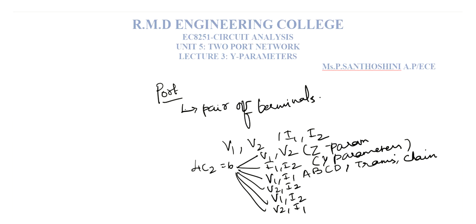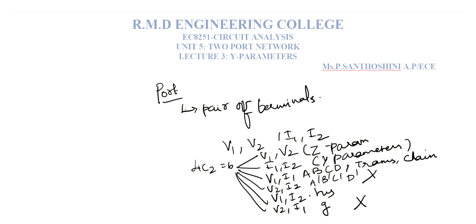V1 comma I1 and V2 comma I2 is the reverse, so it is called A dash, B dash, C dash and D dash. Finally V1 comma I2 is hybrid and V2 comma I1 is inverse hybrid, the g parameters. The A dash, B dash, C dash, D dash and g parameters are not in your syllabus, so we are going to see only the remaining ones.